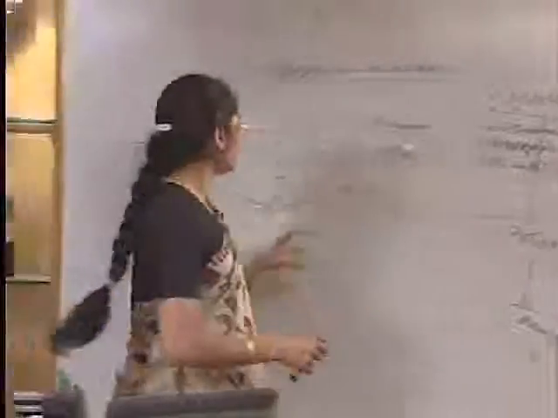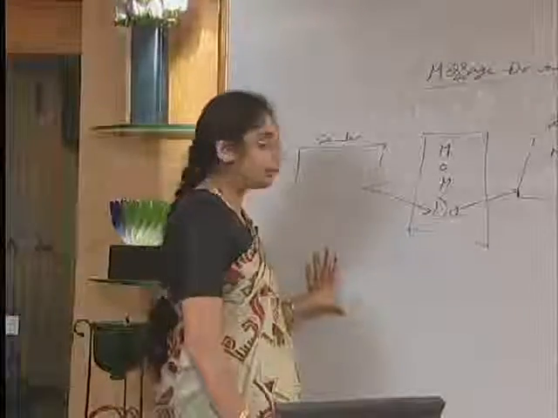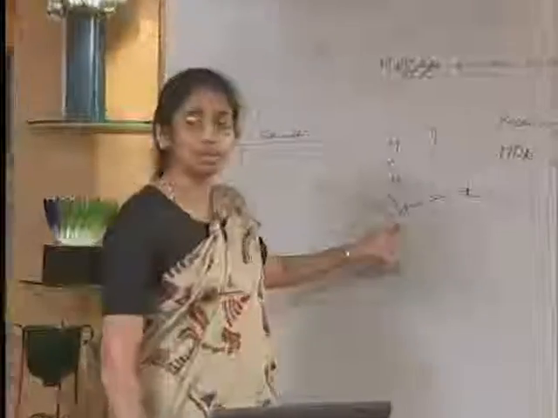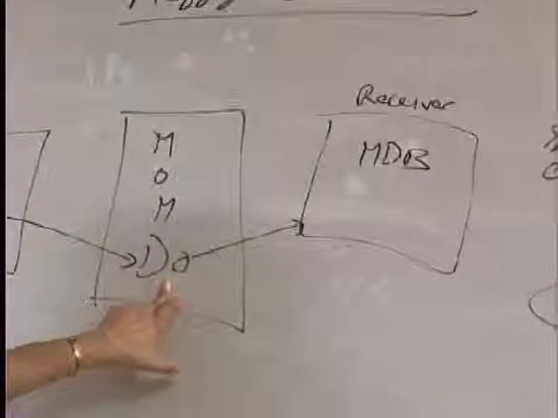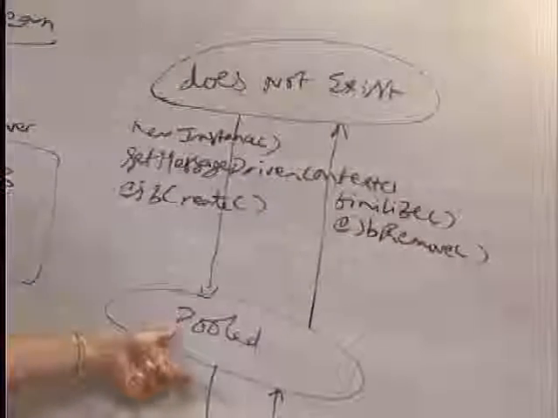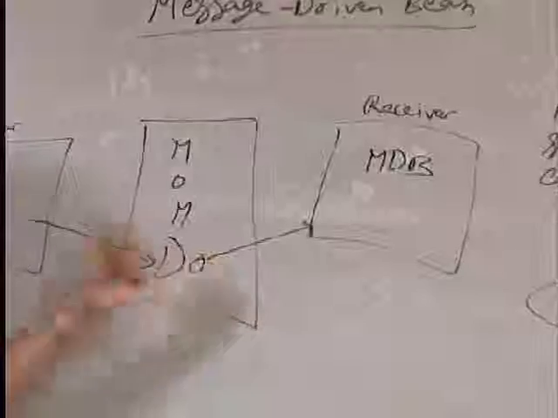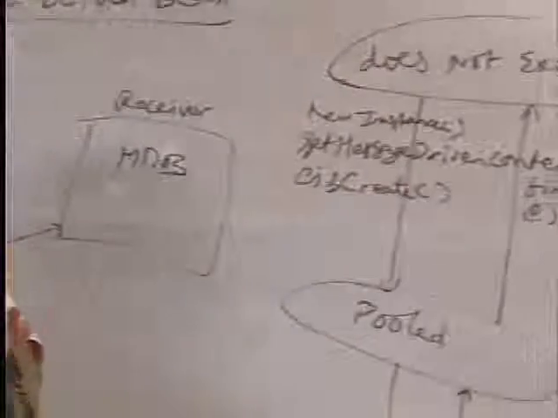Now please note that in case of a message driven bean, when the message hits the destination object, the EJB container will allocate one instance from the pool to process the message. For every message driven bean, there is a separate pool of instances.